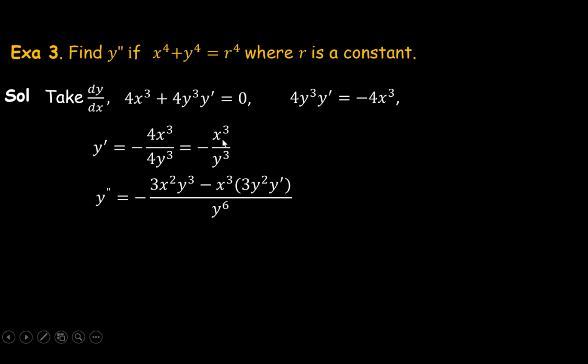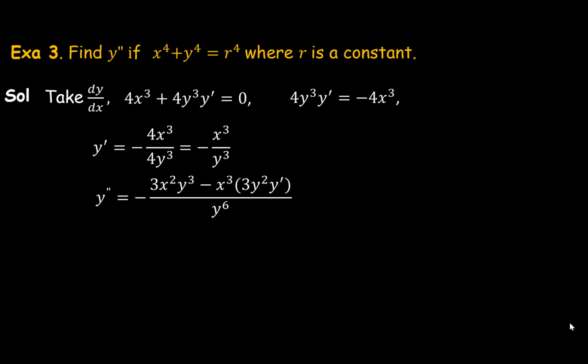F is x to the third, and then g prime is, now here we have to use the generalized power rule. Keep in mind that y is a function of x. So we have a 3y squared, and then times the derivative of y, which is y prime. The denominator is simply equal to the square of the previous denominator, so y to the 6th. And we keep the minus sign in the front.